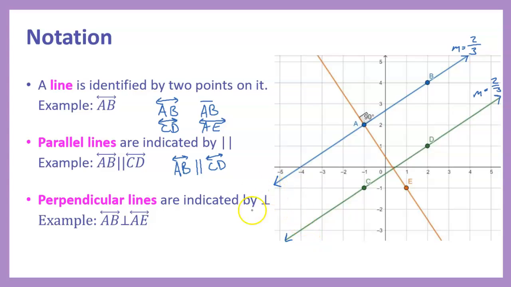And our symbol for perpendicular is this upside down T. And again, that makes a lot of sense because these are perpendicular lines, right? They look perpendicular, they make a 90 degree angle. So we would say line AB is perpendicular to line AE. This line is perpendicular to this line.